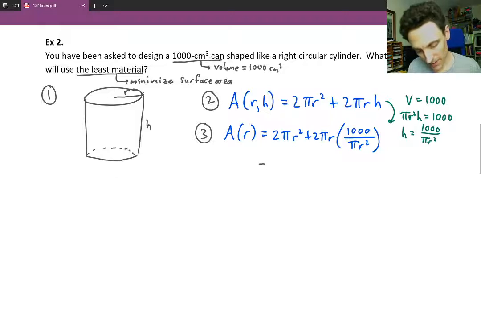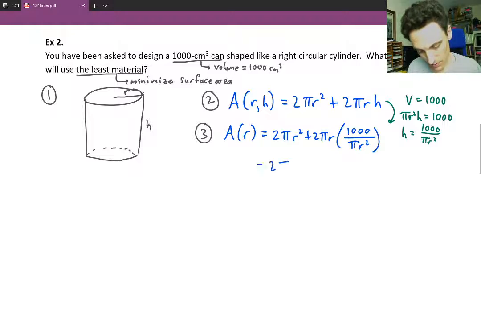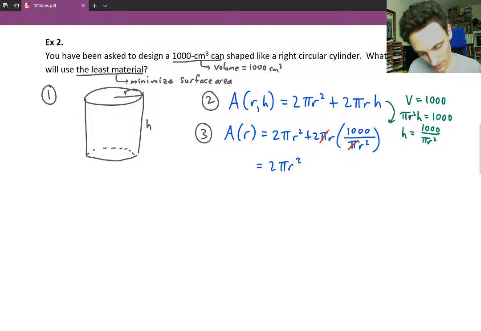Let's take a moment to clean up the equation, or the function. 2 pi r squared, looks like some pi's cancel. Someone ate them. Oh, there's an r that cancels.